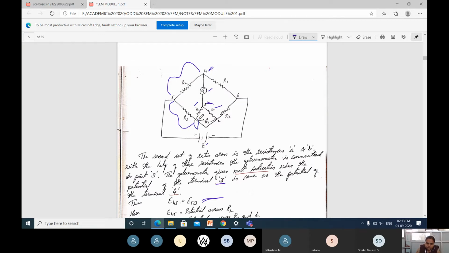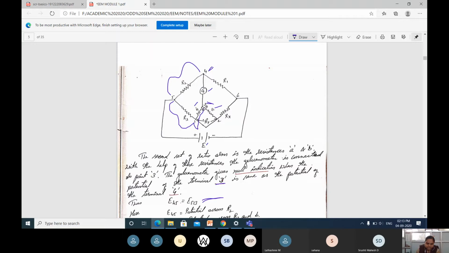Where is 3? Here. Observe, understand, the potential across 4, 5, you can write E4,5 or anything, should be equal to the potential E5,1,3.